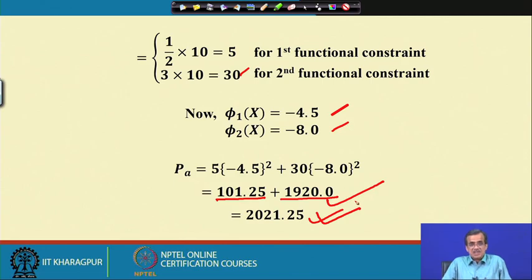Once you have got the penalty term, I will have to calculate the modified fitness, and based on the modified fitness, I will have to carry out the reproduction scheme or the selection scheme in genetic algorithm, so that depending on the modified fitness, the reproduction scheme selects good solutions for the mating pool.